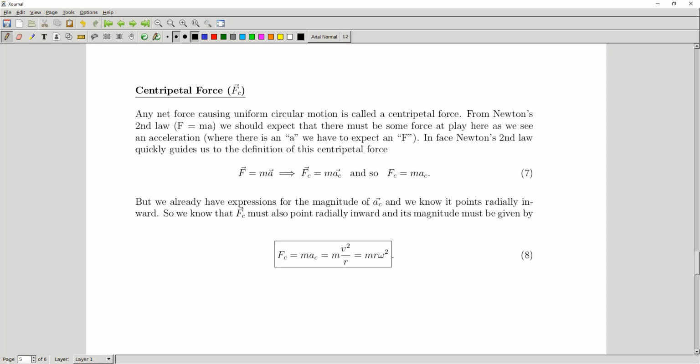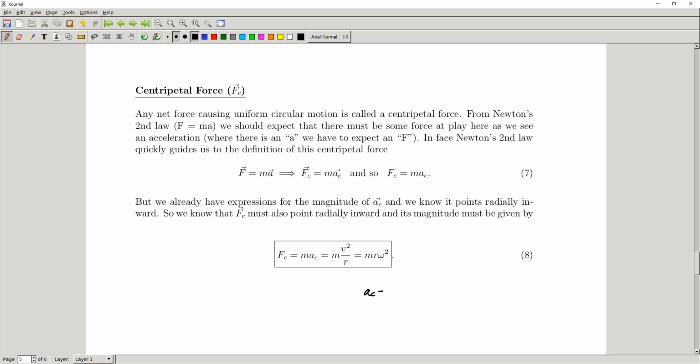And as far as the magnitude of our F_c, the centripetal force, we just spent a bunch of time calculating an expression for what a_c is, and a_c is going to lead us to F_c just by multiplying it by m, right? So simply we just take those expressions that we had above.